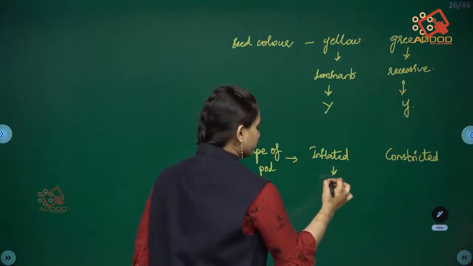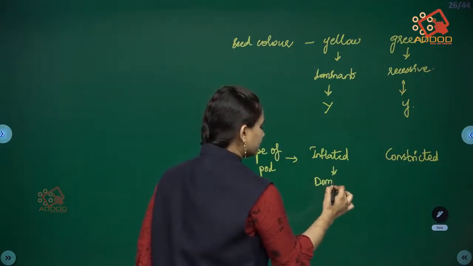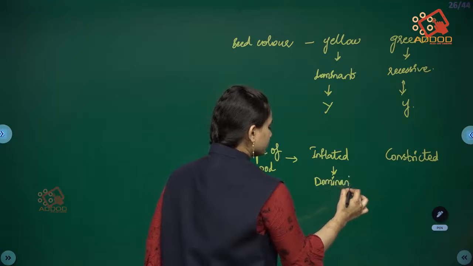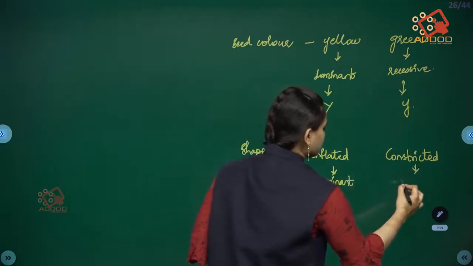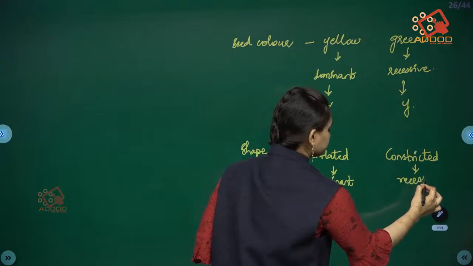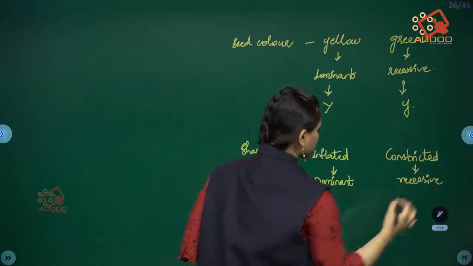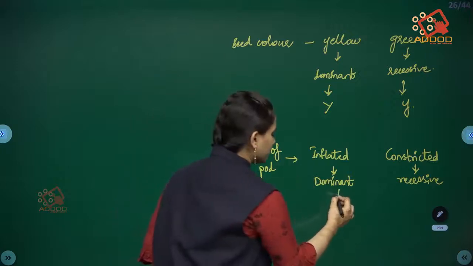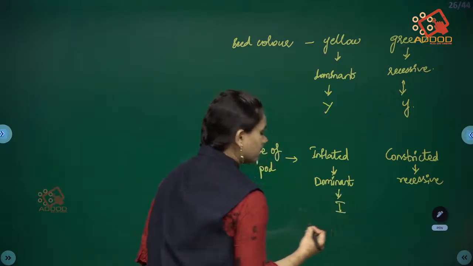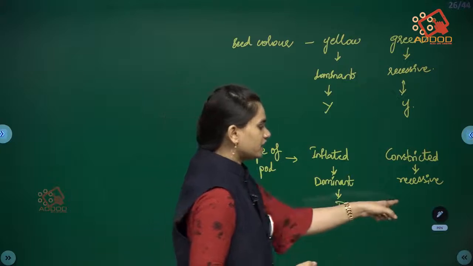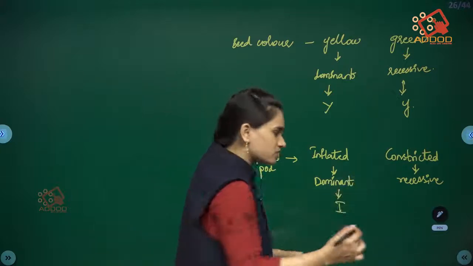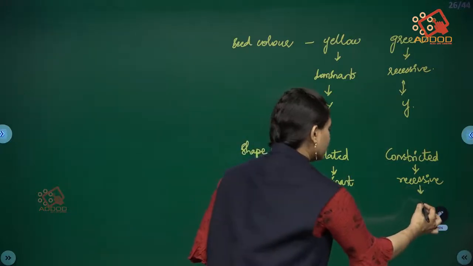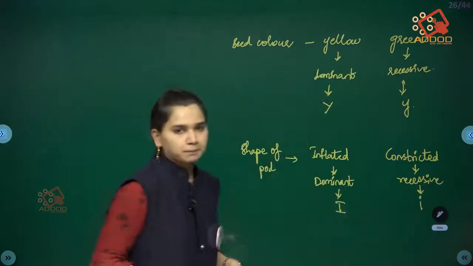Inflated we know is the dominant character and constricted is the recessive one. So for dominant, I will be writing it as capital I, and if I have to write the recessive character constricted, then I will be writing it as small i.